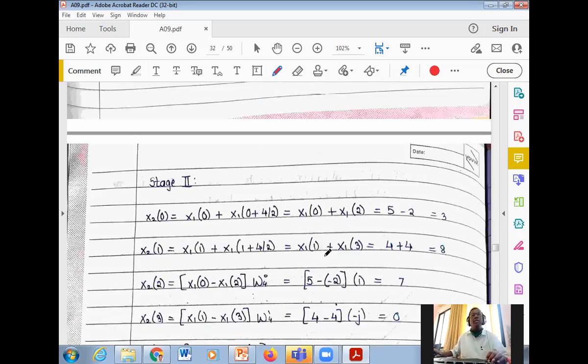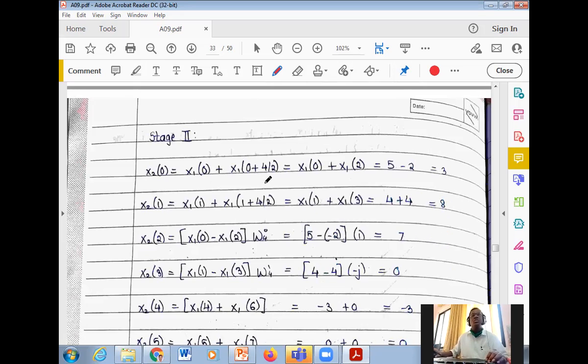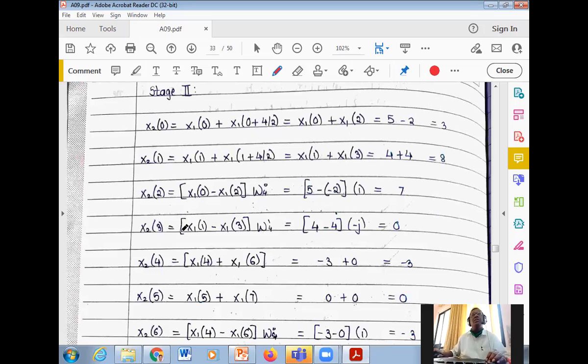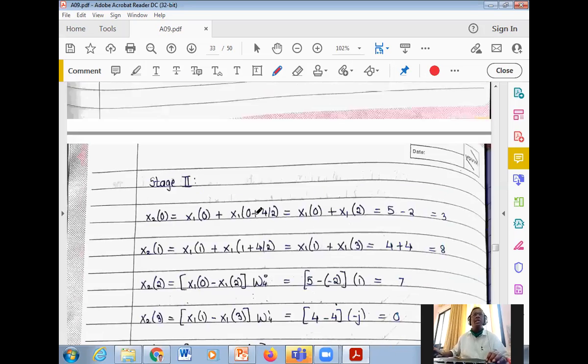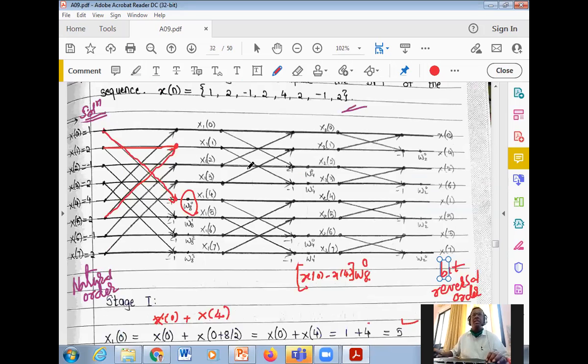Okay, now let us calculate the stage 2 values. For this stage 2, again we are performing a 4-point computation. If I want to calculate the value of x2 of 0, this signal is added with this signal. That means x1 of 0 plus x1 of 2.